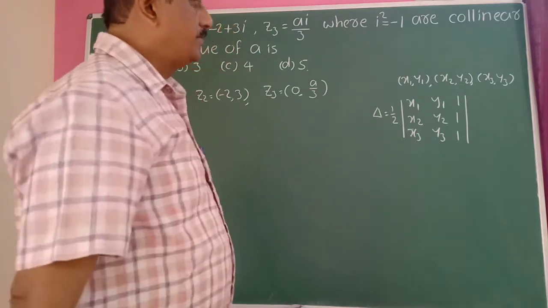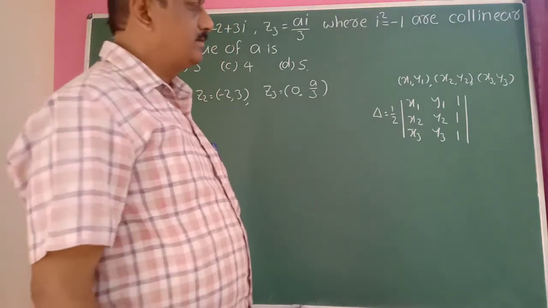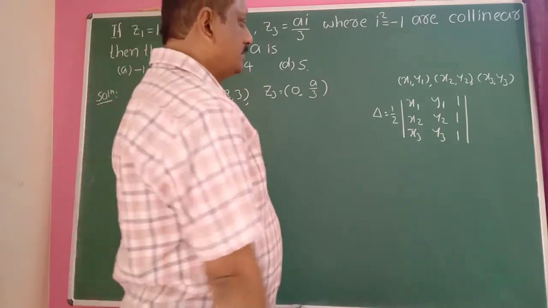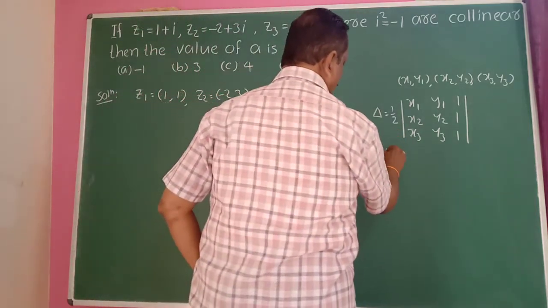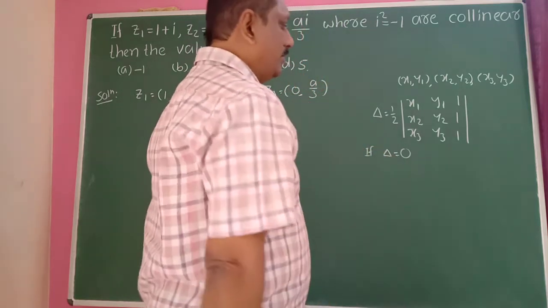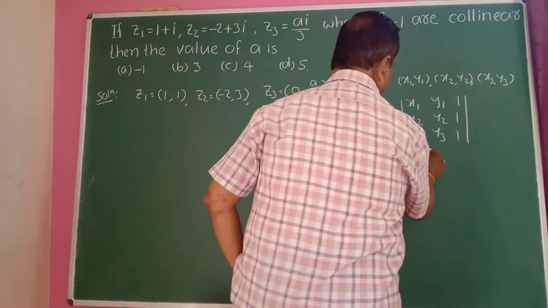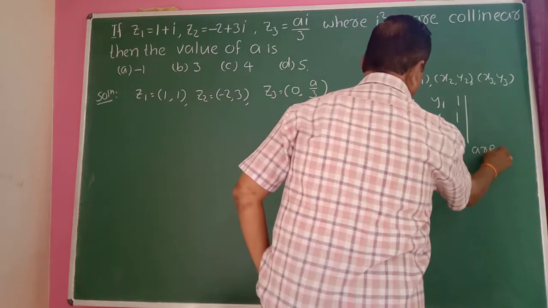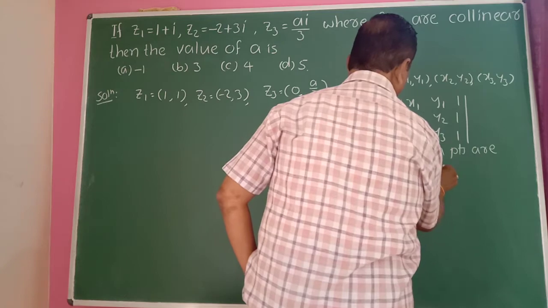This is the formula to find the area of the triangle, from the matrices and determinants chapter. If delta is 0, then the points are collinear.